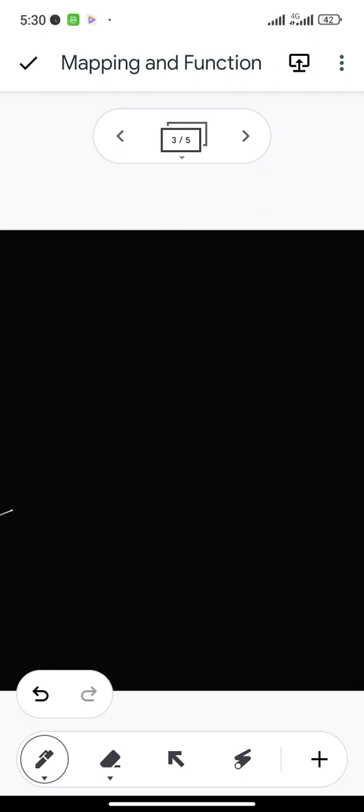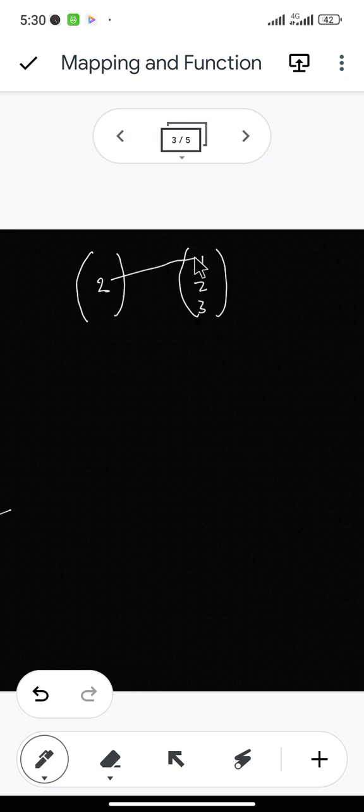So let's check out more examples. Now this is not true mapping because the elements in the domain cannot have three images. You understand?